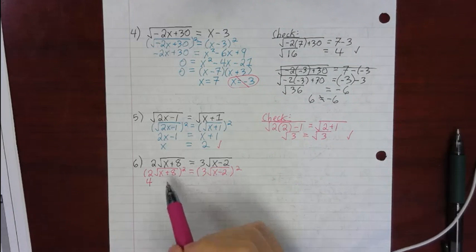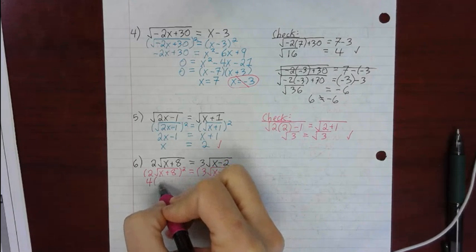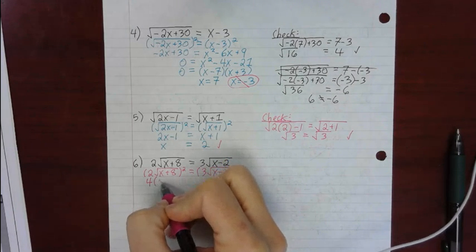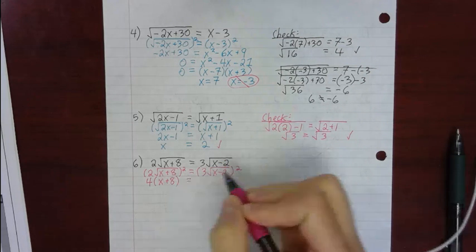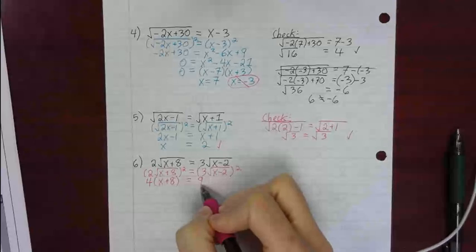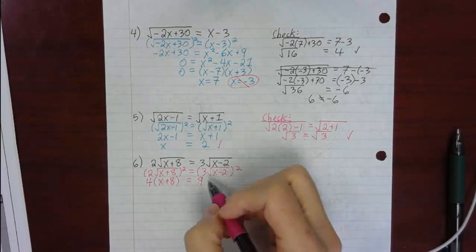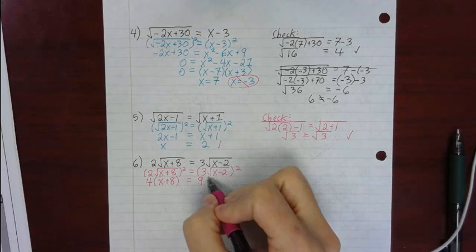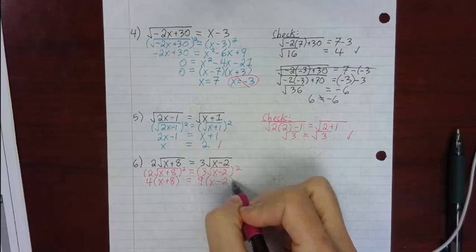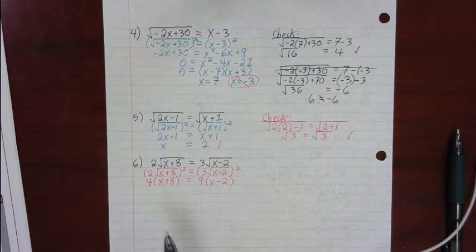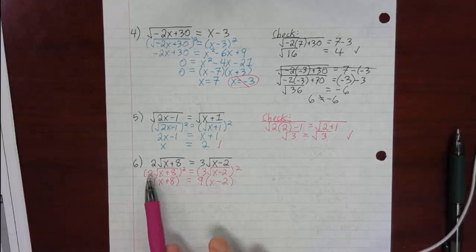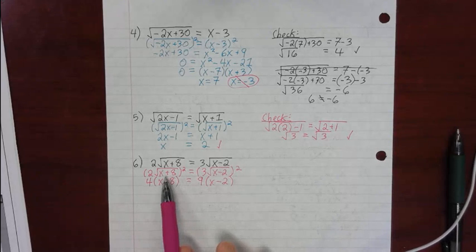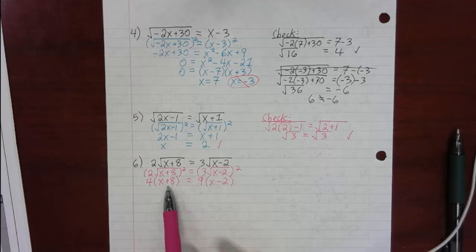And then we have x plus 8 squared, which is just x plus 8 because we squared that square root. And now we are squaring the 3 to get 9. And we are squaring the square root of x minus 2 to just get x minus 2. A little bit of a weird algebra step there, but it's important to notice what happened. We just squared the 2 to get 4. We squared the square root to get rid of it, and then same thing on the right side.